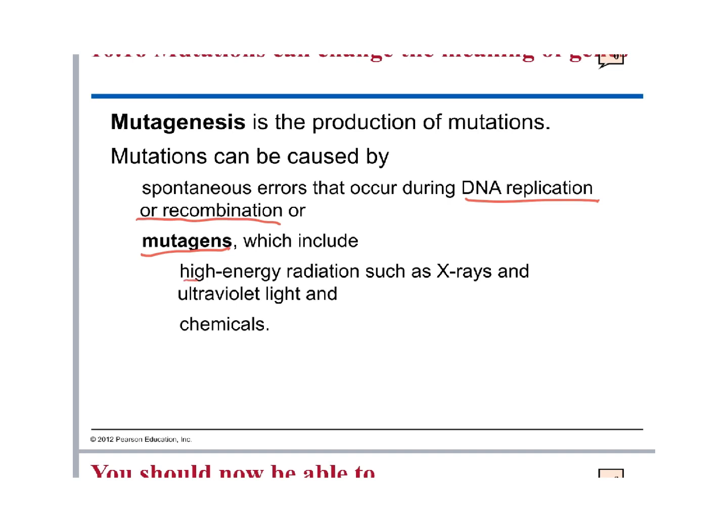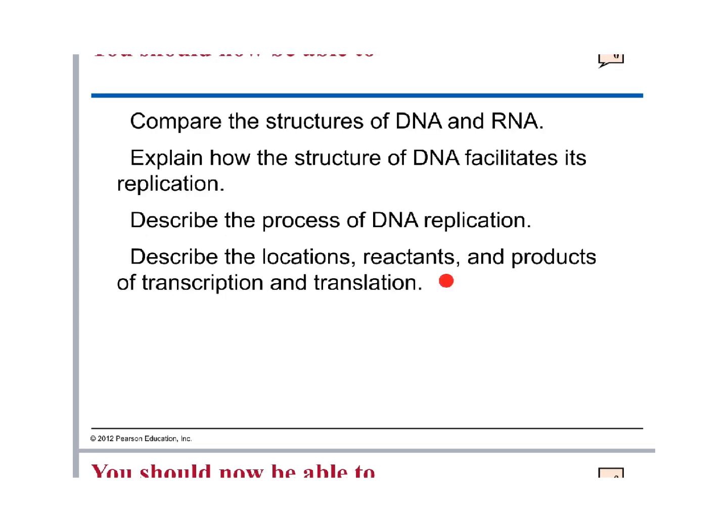So high energy radiation, like X-rays, can cause mutations to DNA. Ultraviolet light, the sun, as we know, can cause mutation to DNA. But also exposure to certain chemicals can cause a mutation of the DNA. So all of those things would be referred to as mutagens.